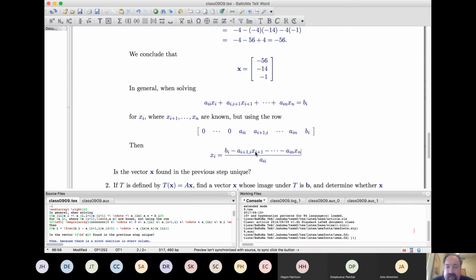So then you work out all that. And then if there's a coefficient here other than 1, then that's what you're dividing by. So this is the formula for each x based on the row of a matrix that you're working with as you go through rows from bottom to top.